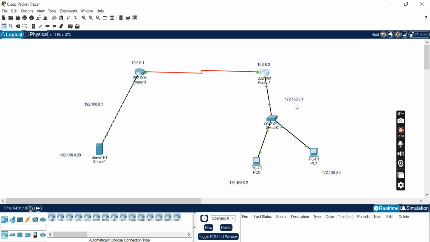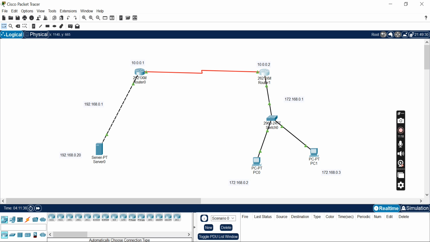Both local area networks are counted as Fast Ethernet IP networks. And between my both router connections, it's called the S0/0 connection.